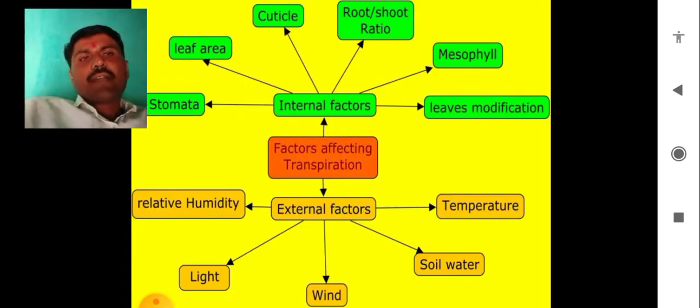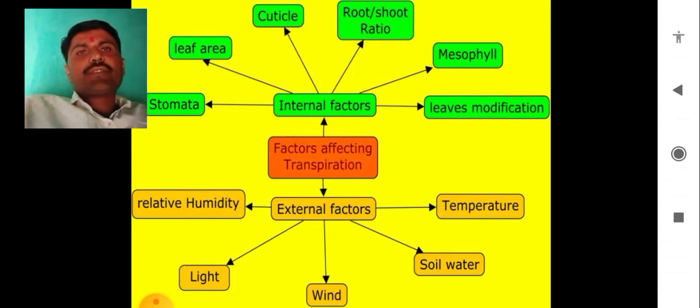We can divide them into two types: internal factors and external factors. Regarding the internal factors, there is the leaf area. In most species the leaf area is much bigger than in others.